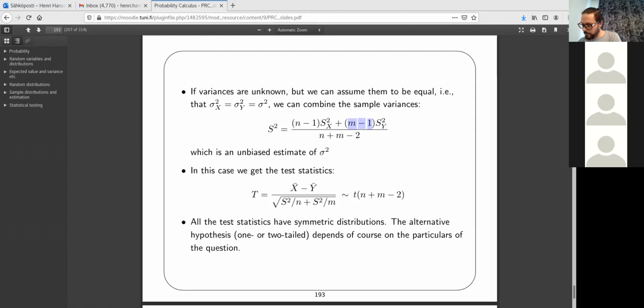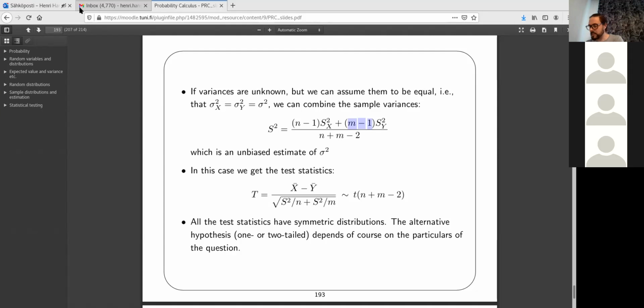And then the sample variance of y is 1 over m minus 1 times the corresponding sum. So we have that now.